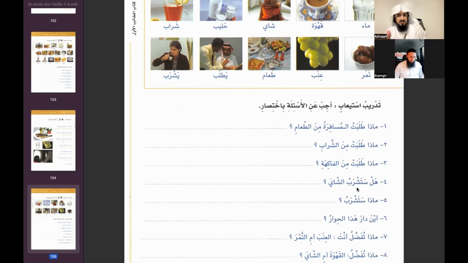So here we know it's the context of the comprehension or the role play. هل ستشرب الشاي? Is she going to drink tea? Or if I'm talking to you, are you going to drink tea? Can you see? So is she going to drink tea? لا, ستشرب القهوة. ماذا ستشرب? So you answered that.